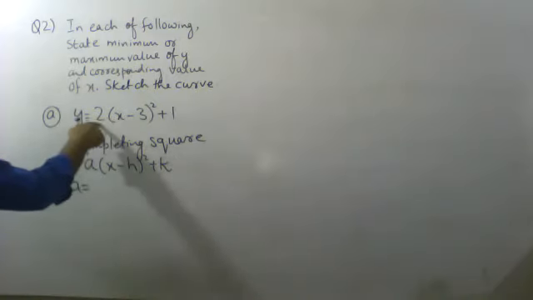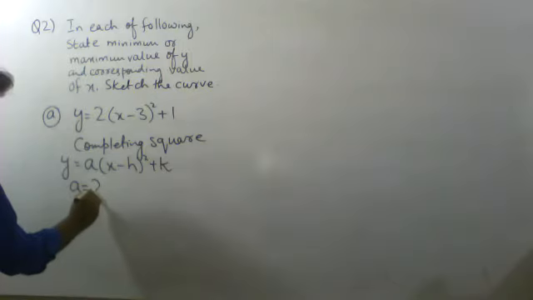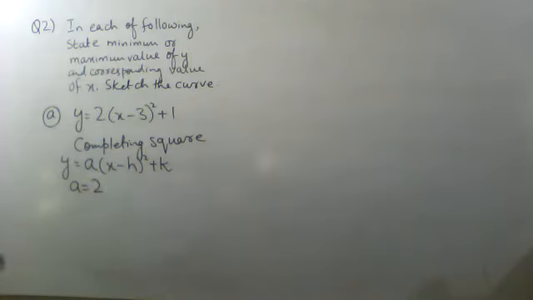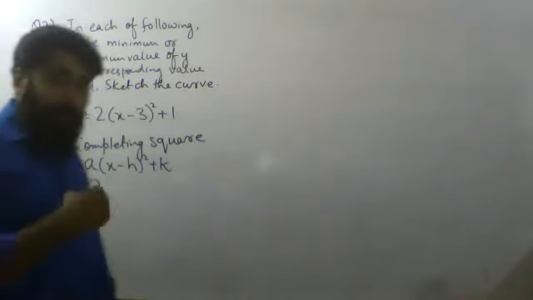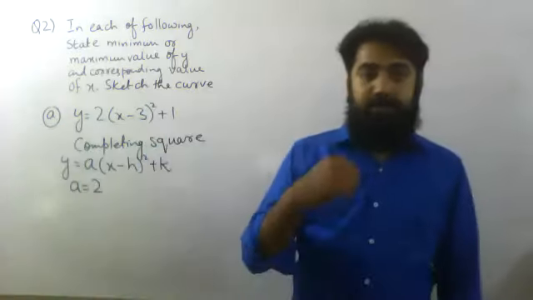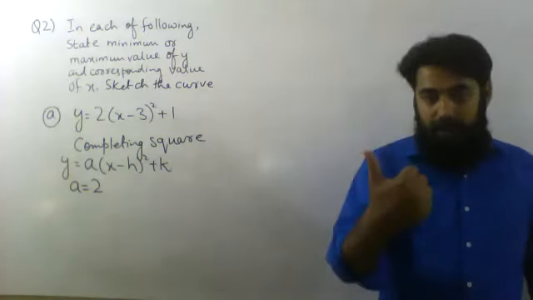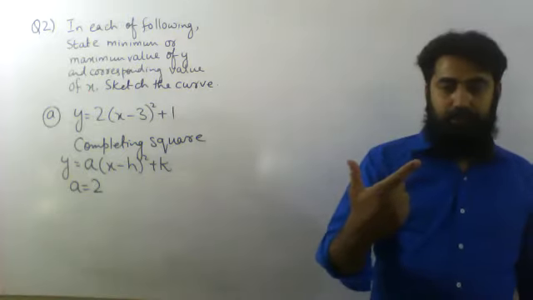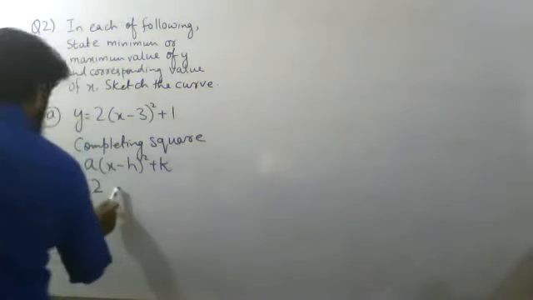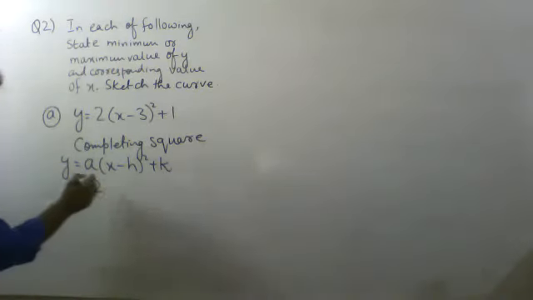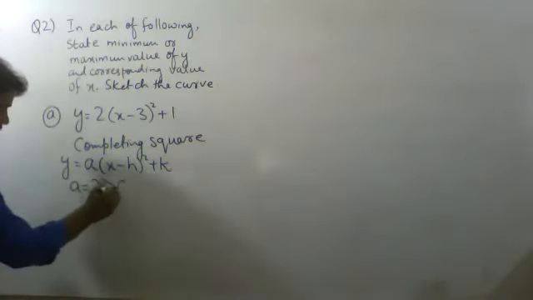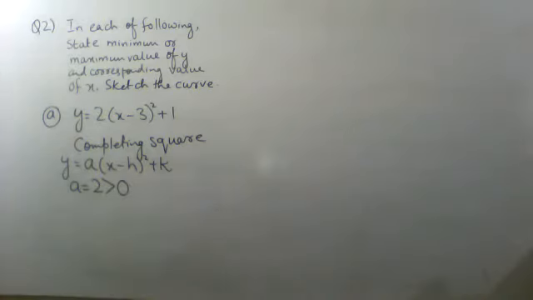Over here, outside the bracket, I have got 2. So the value of a is 2. According to our working, we should have two kinds of value of a: greater than 0 or lesser than 0. This one is a equals 2, which means that it is greater than 0.